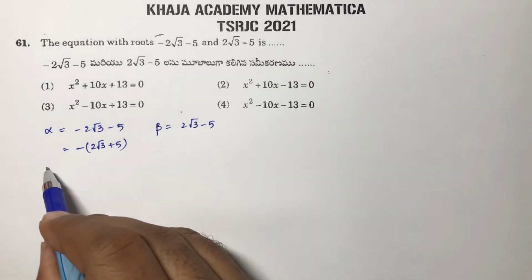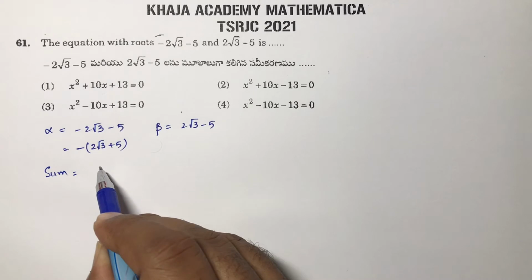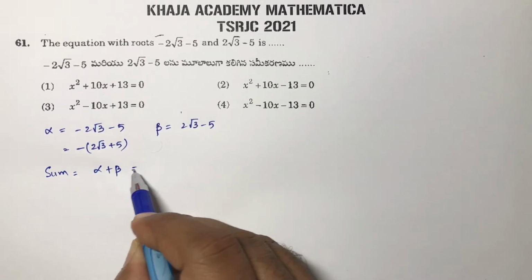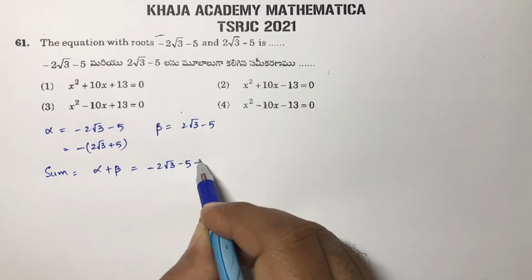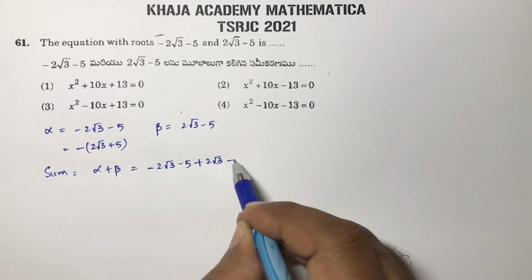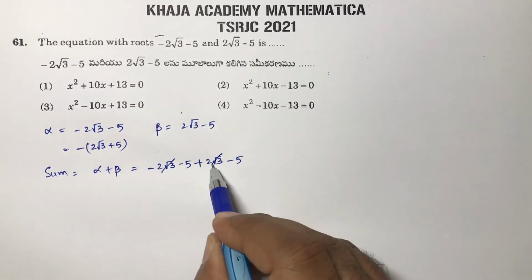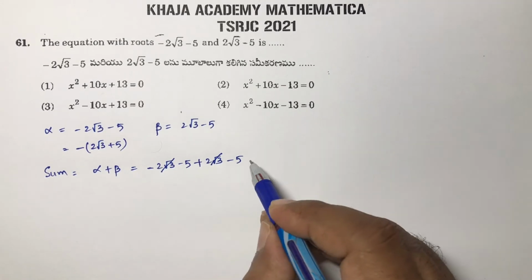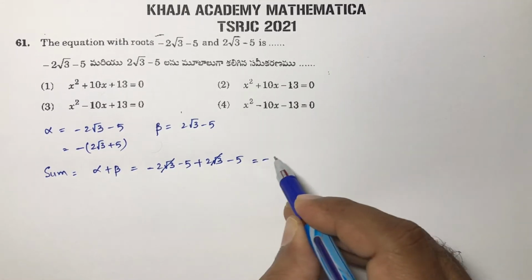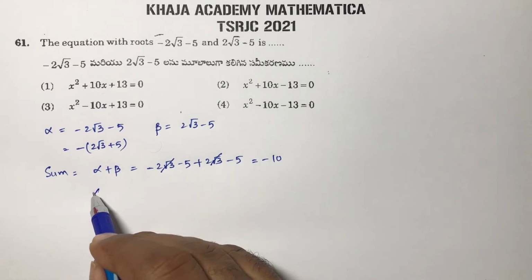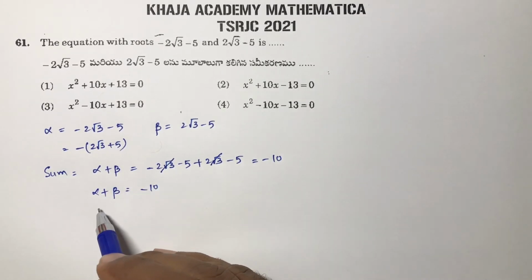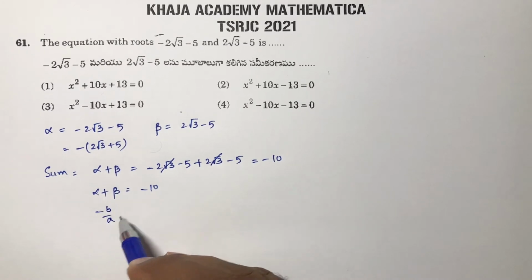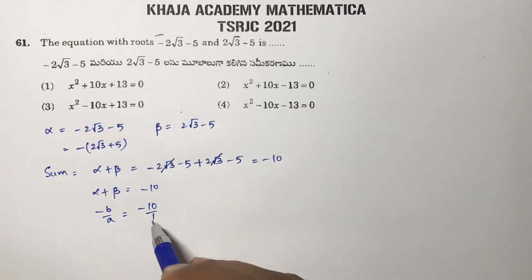So first find the sum, alpha plus beta, that is minus 2 root 3 minus 5 plus 2 root 3 minus 5. Minus 2 root 3 plus 2 root 3 cancel. So minus 5 minus 5 is minus 10. So alpha plus beta is minus 10. Alpha plus beta formula is minus b by a, which is minus 10.